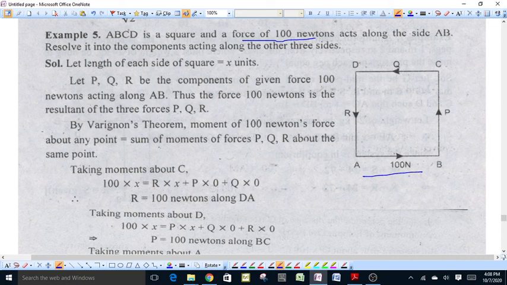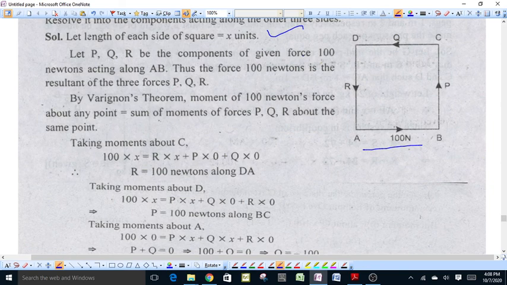Suppose the length of each side of this square ABCD is equal to x units, and P, Q, R are the components of force F acting along BC, CD and DA respectively. Now by Varignon's theorem, the moment of the 100 newton force about any point in this plane will be equal to the sum of moments of all the forces P, Q, R about the same point.